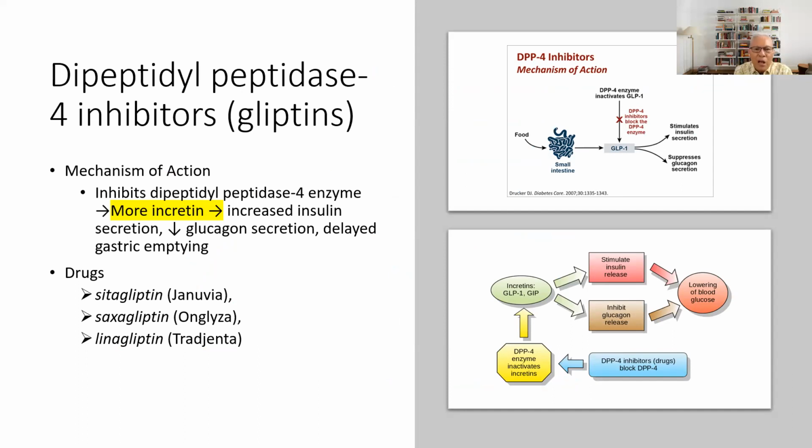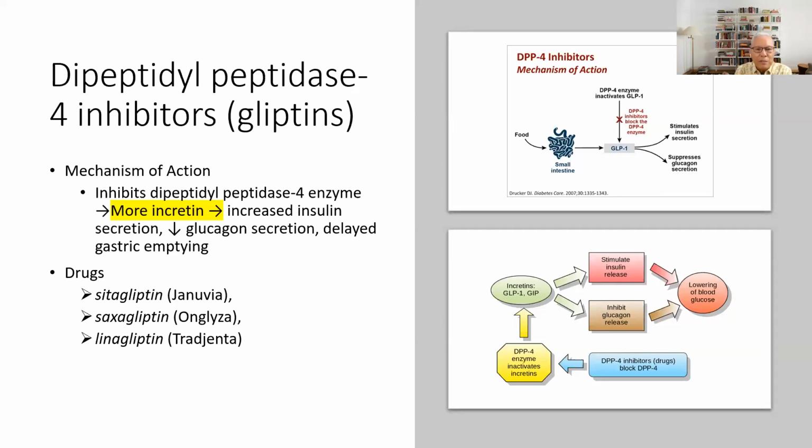And the purpose of this enzyme is it slows down the inactivation of incretin hormones. And these hormones are actually released along with insulin. And incretins are important in the sense that they decrease or inhibit glucagon release. They also increase insulin secretion. They decrease gastric emptying and decrease blood glucose levels. So all these are going to act indirectly.